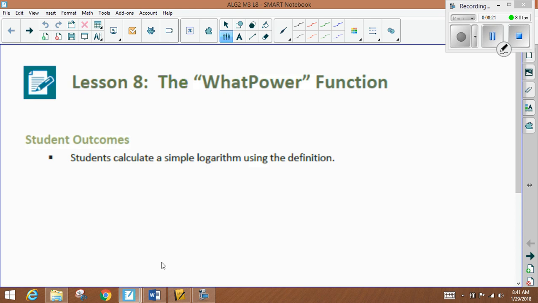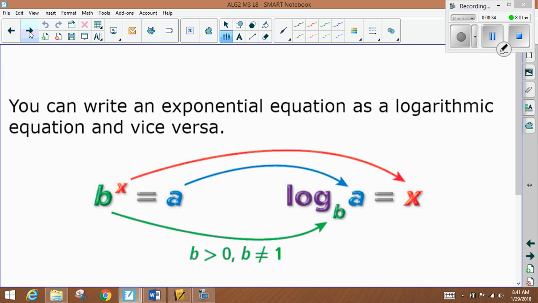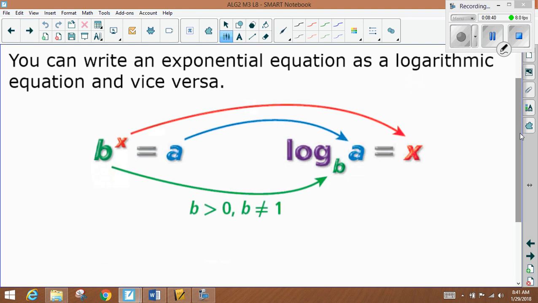Hey, what's going on? Alright. Hey, this is real. Logarithmic? So we're going to talk about logarithms.